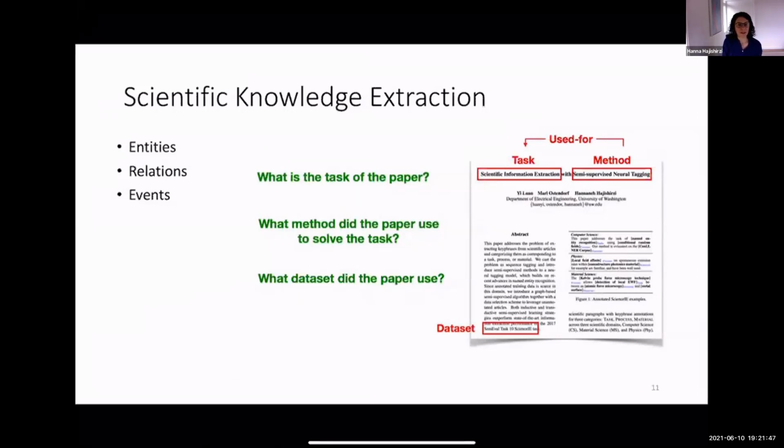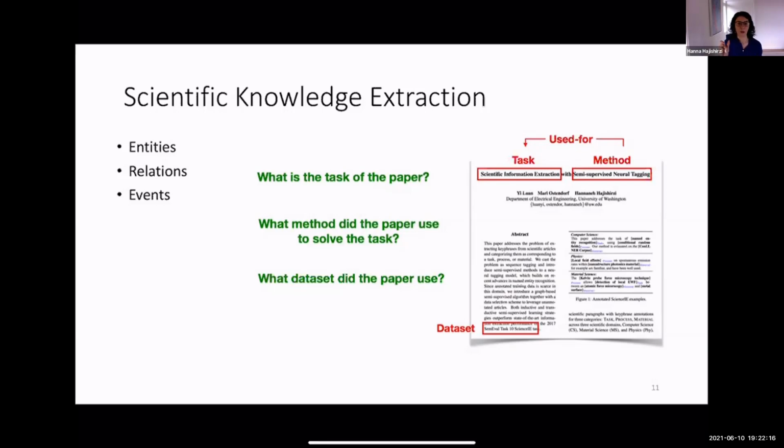But allow me to first introduce what I mean by scientific knowledge extraction. Overall, we are interested in extracting important entities and concepts from text, their relationships, and also the more complex relationships in the form of events. More concretely, we want to extract, for example, what are the tasks and methods being introduced in this paper.